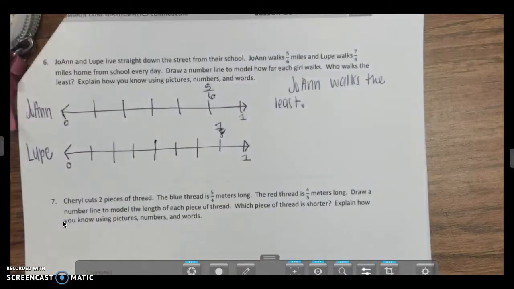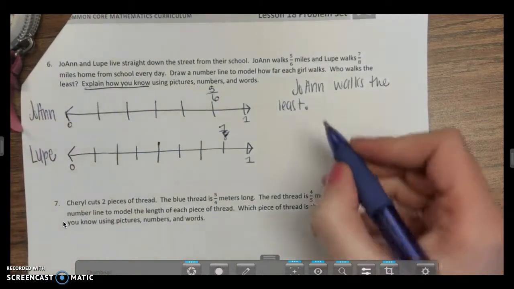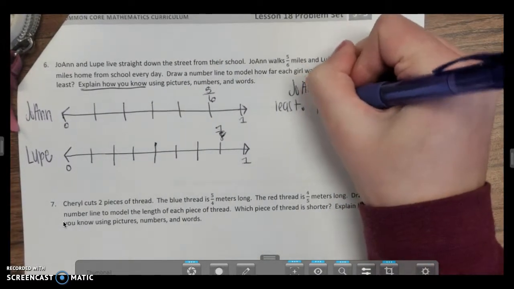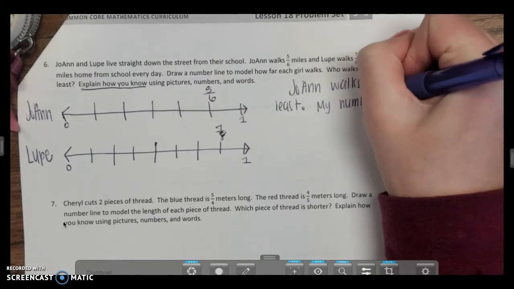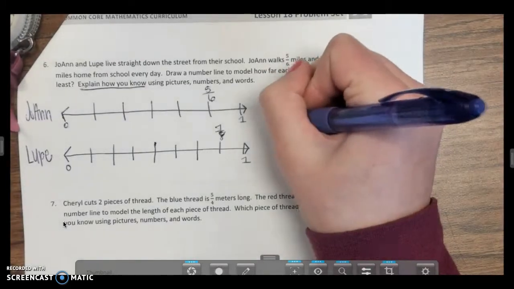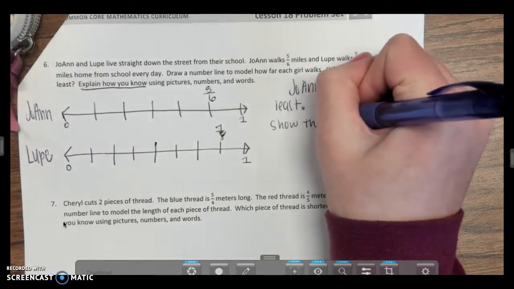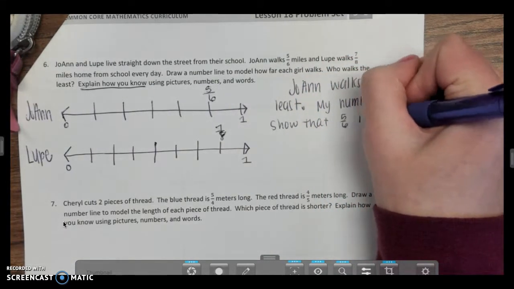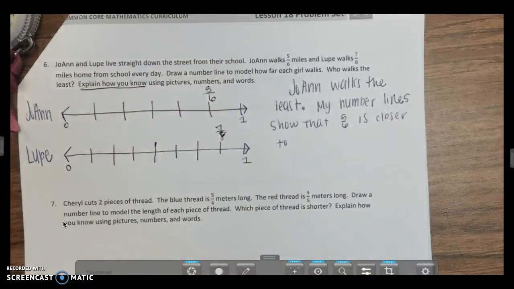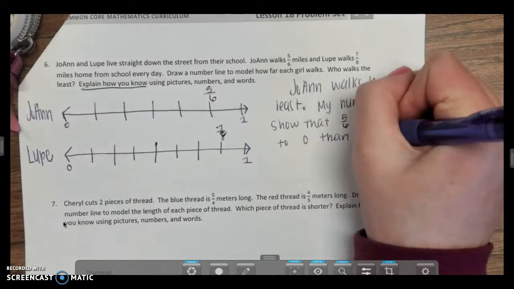But I can't stop there. I have to tell them why. I have to explain how I know. So how I am going to explain is say that my number lines show that 5/6 is closer to 0 than 7/8.